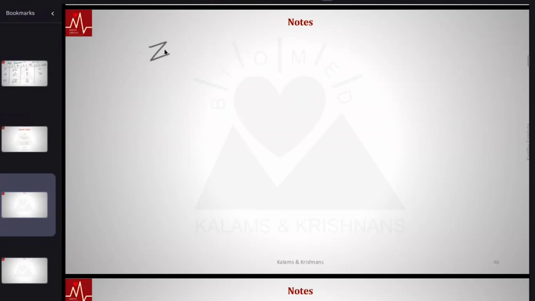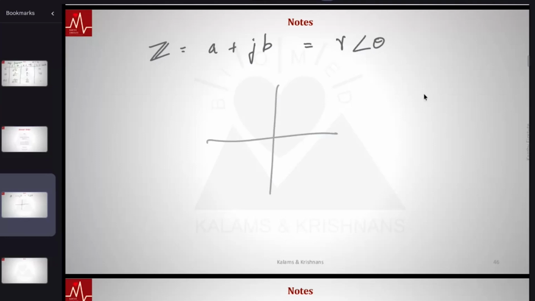If z is this complex number a plus j b, you can write this in a slightly different form. This is the amplitude-angle form. If you take a look at a circle and take components, you can easily get it.